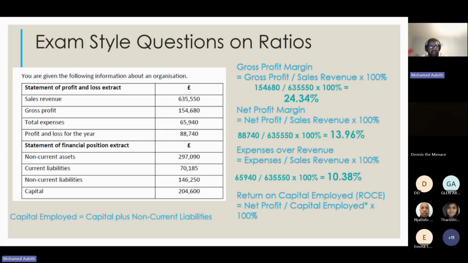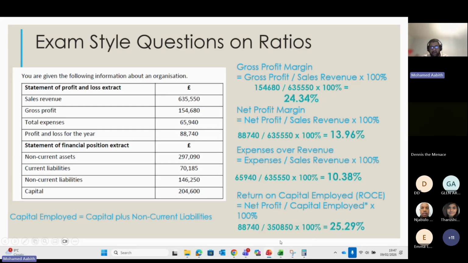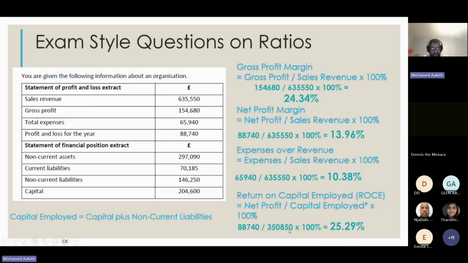Your profit is 88,740, divided by the capital employed. The capital employed in this scenario is 146,250 plus 204,600 pounds, which gives you 350,850. Times that by 100, it's 25.29%.